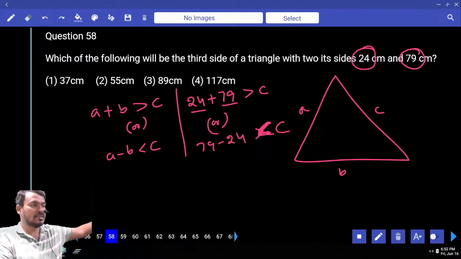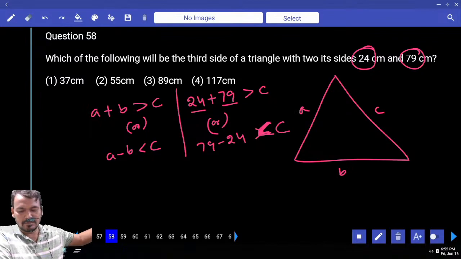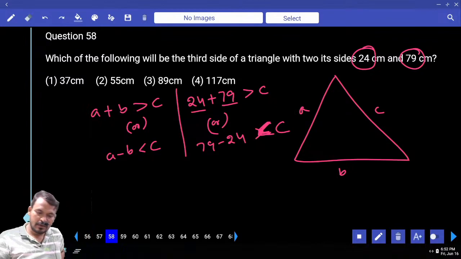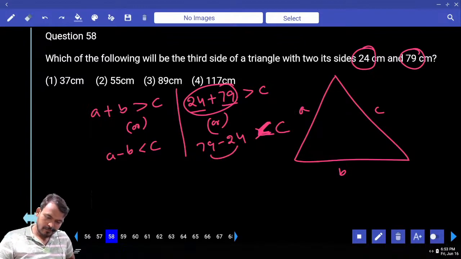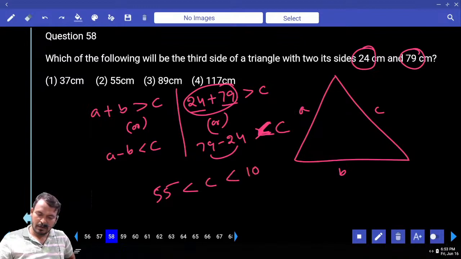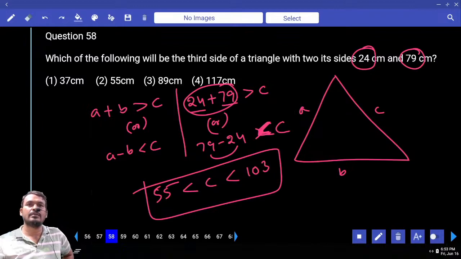Sum must be greater than C, difference must be less than C. 24 plus 79 is 103. The difference of 79 and 24 is 55, which means C value is in between 55 and 103, more than 55 but less than 103.